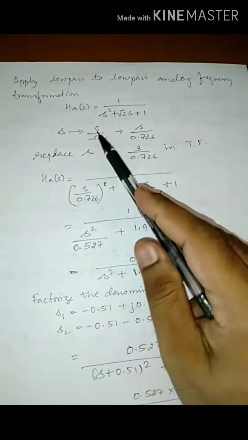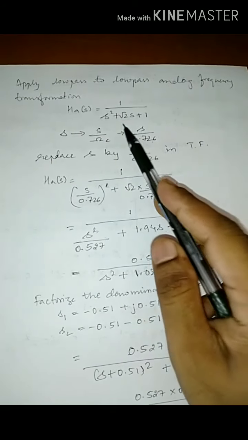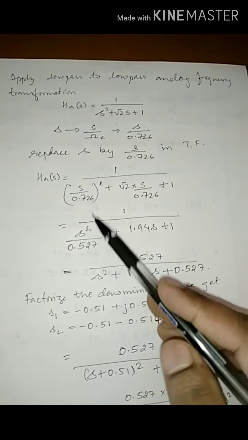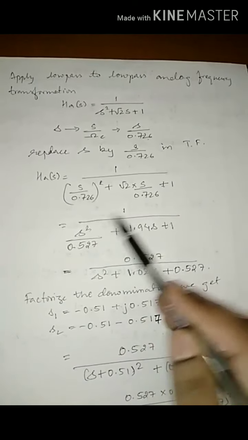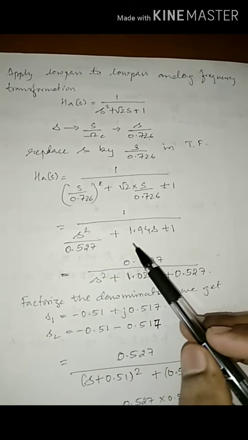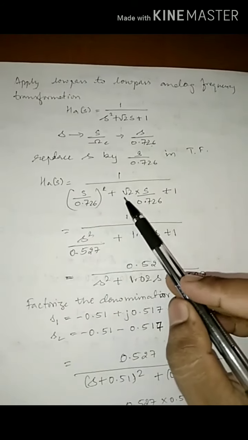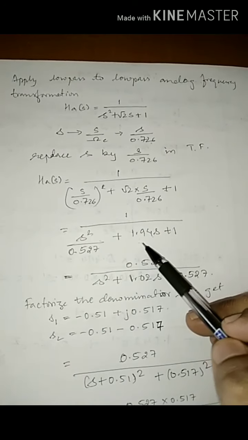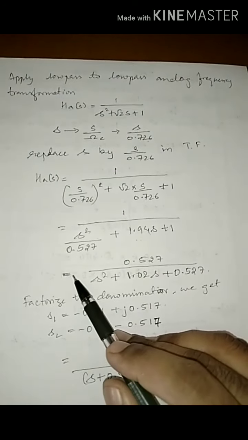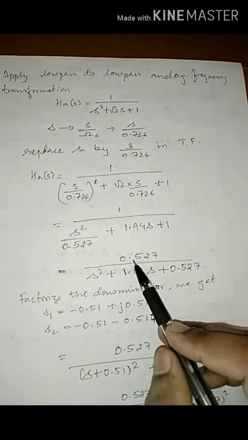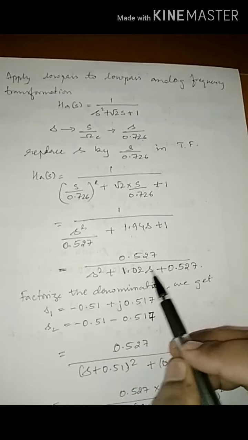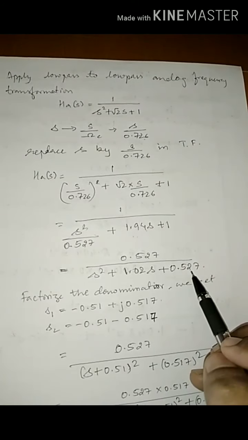So substitute this in the transfer function, and after the simplification we get 1 divided by s square divided by 0.527 plus 1.94s, that is root 2 by 0.726, which is 1.94, plus 1. This will be the LCM. So we get H of s is equal to 0.527 divided by s square plus 1.02s plus 0.527.